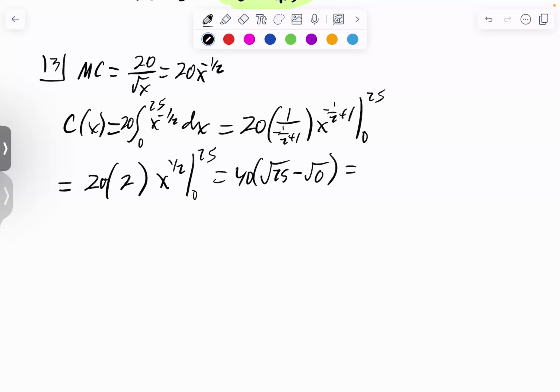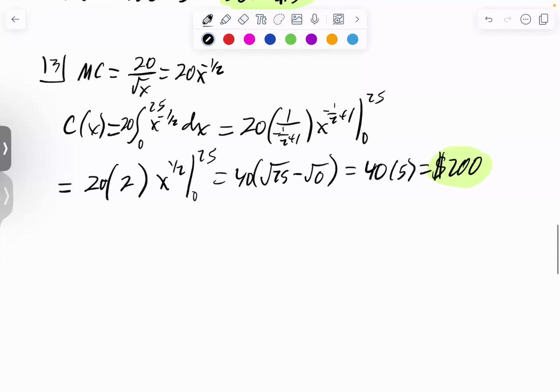And then 40 times root 25, which is just 5, is $200. That is the total cost of 25 units being made. Super cool.